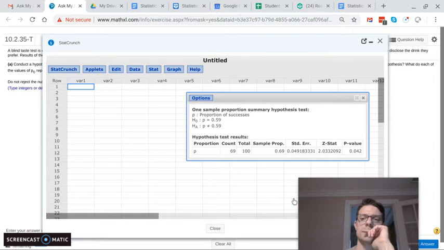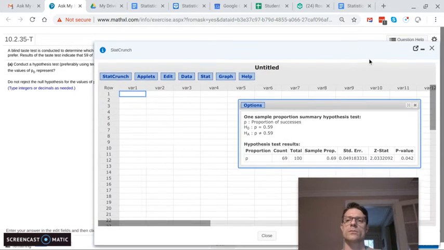$69. There we go. So 69 is the first value that we would reject the null hypothesis again. So what do we say? I believe it was 50 to 68. Those are the values that we do not reject the null hypothesis.